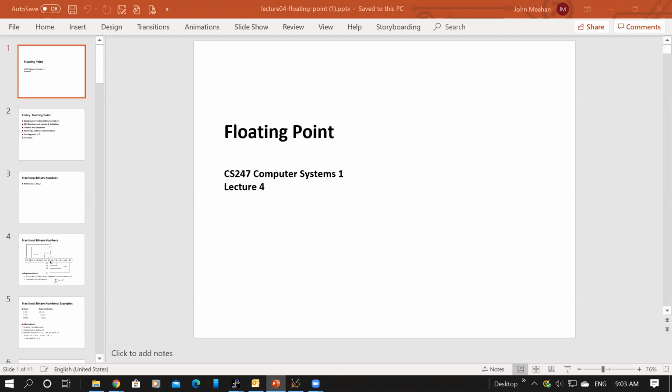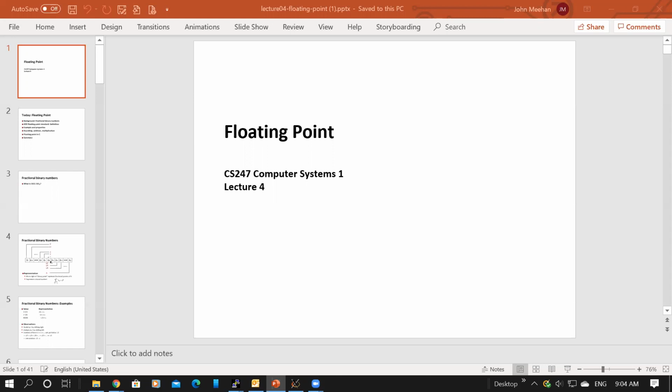So today we're going to move on to floating point numbers and how they're represented in the computer. We've looked at unsigned and signed integers and issues involved with moving them between different sizes of shorts and ints and things, and expanding, sign extension, and truncating.